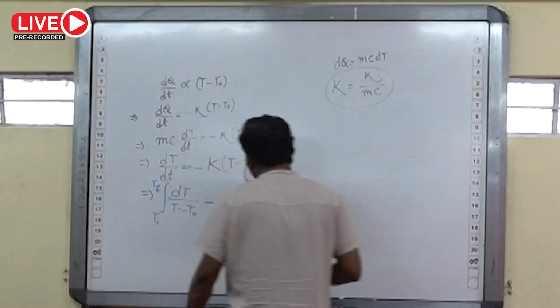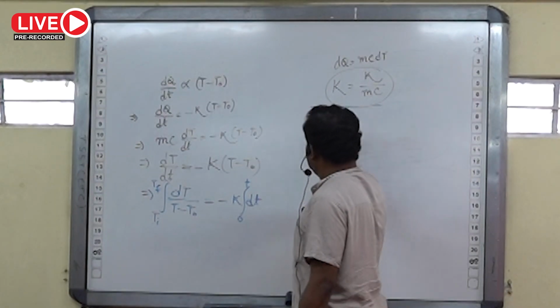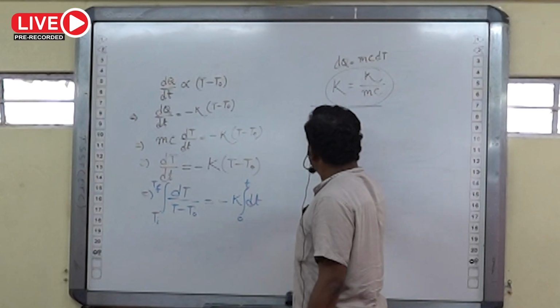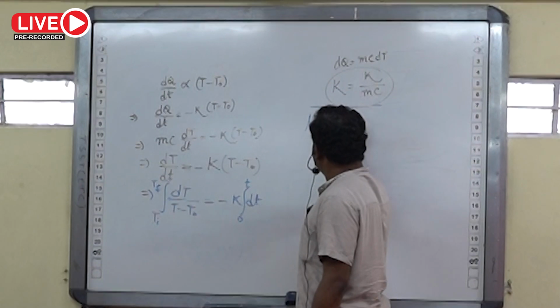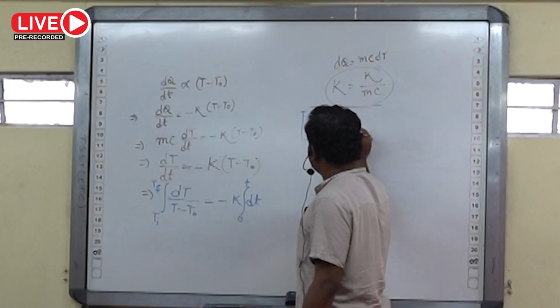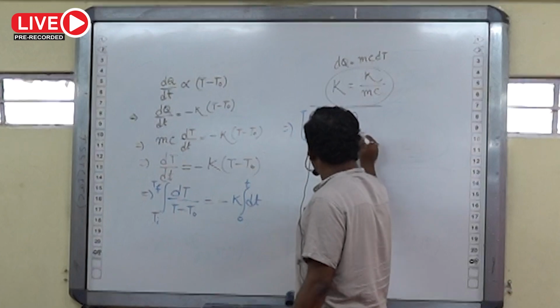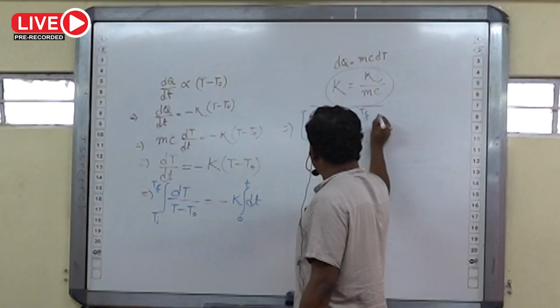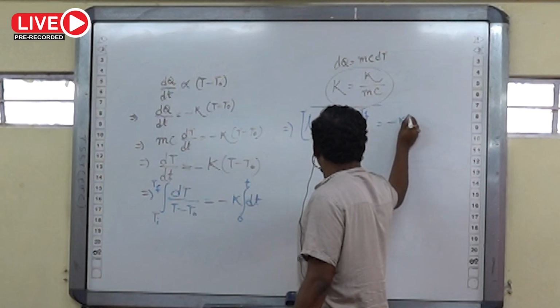Then we can write, after integrating, that it is log of T minus T naught, with limits from Ti to Tf, equal to minus kt.